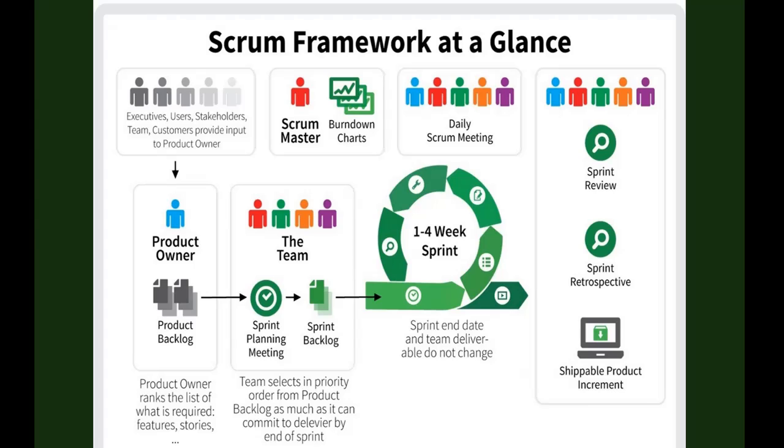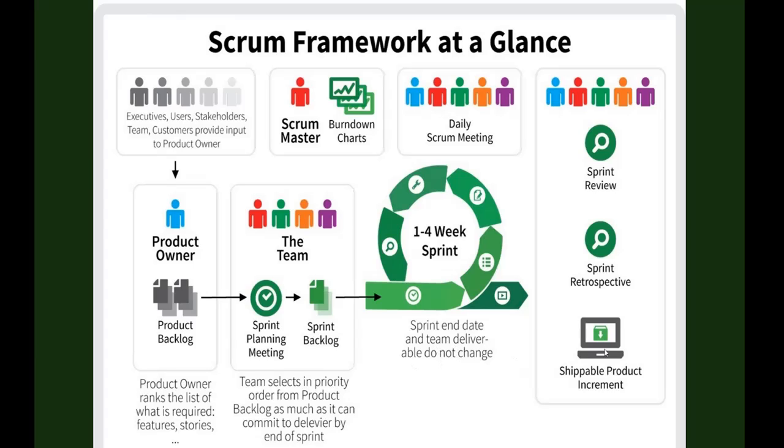Team, right? Team selected. And who does the estimation? Story points, who does the estimation? Developers, because they will do the work. They give the estimation, not the product owner, right? So the team selects in priority from the product backlog as much as it can commit to deliver, and the developers do the work.